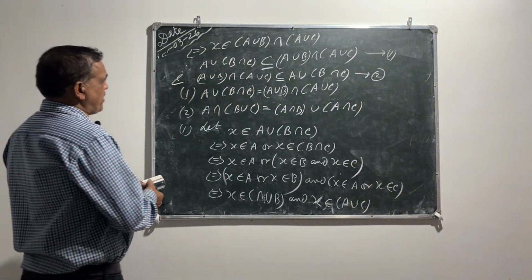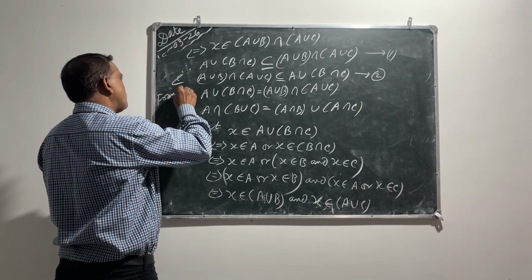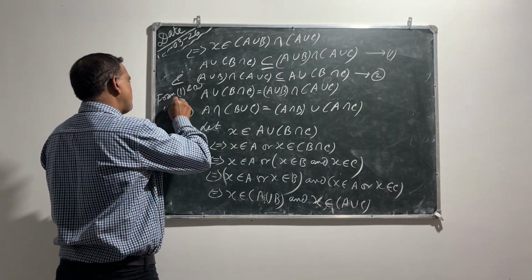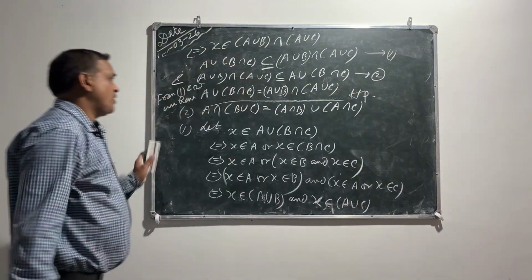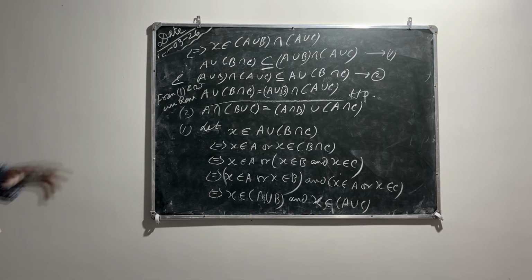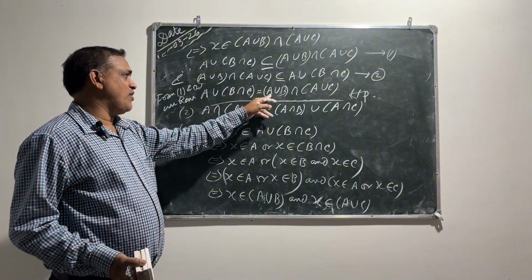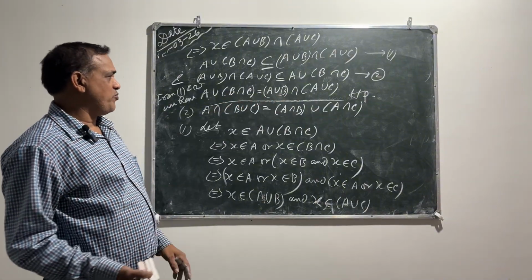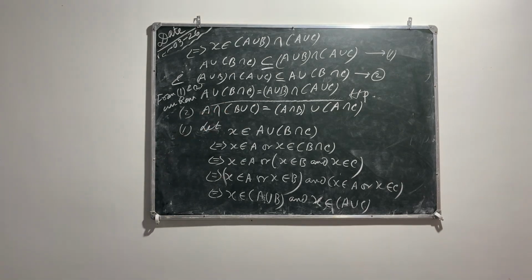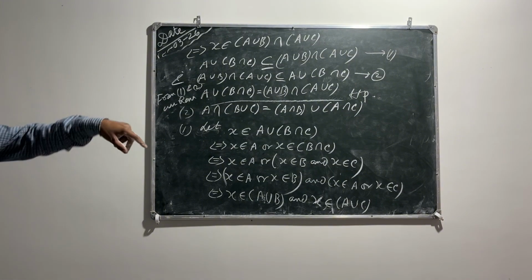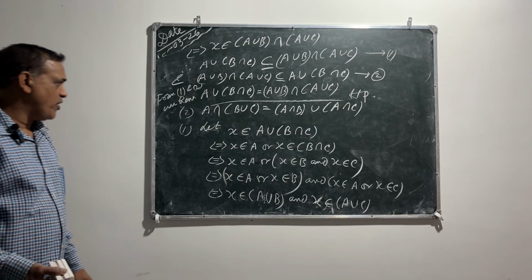Combining 1 and 2, we have A union B intersection C equal to A union B intersection A union C. Henceforth. Similarly, the second one we can prove in the same way, just replacing union by intersection and intersection by union.